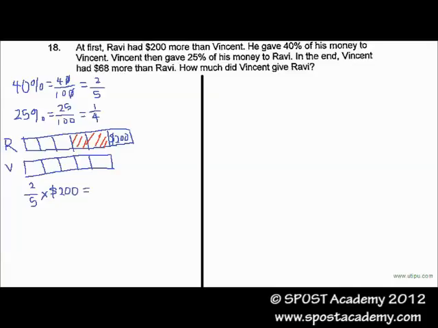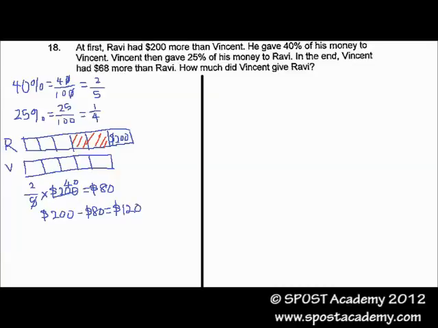If we work this out, divided by 5, this will give us 40, a total of $80. So Ravi has to give away $80 to Vincent. So Ravi will have $200 minus $80, which will give us $120 back.